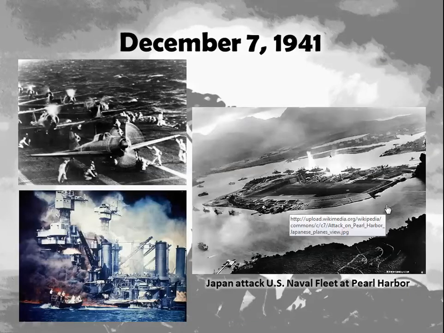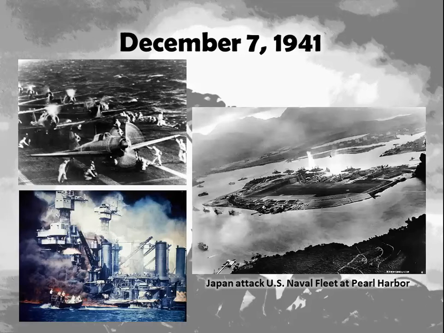Next major event, December 7th, 1941, Japan bombs Pearl Harbor, Hawaii, and this brings the United States into the war. There were actually some Japanese officers who had spent time in the United States and believed that this was a mistake, that the United States had a lot of untapped industrial power that would be unleashed on them should a war be started.